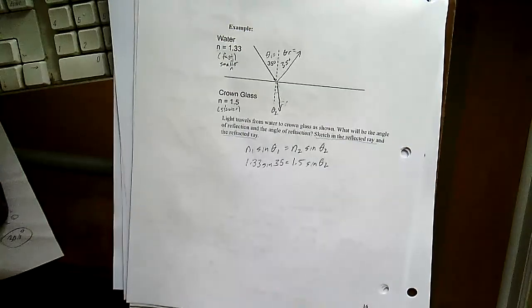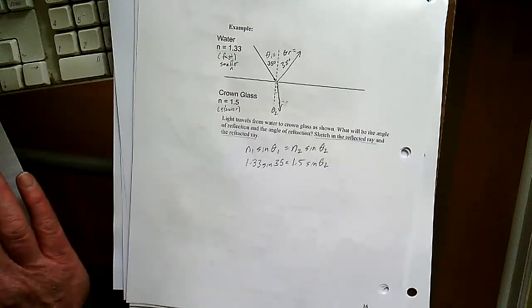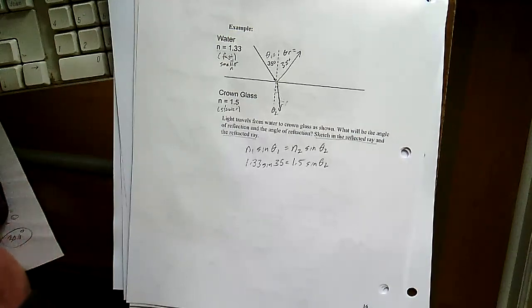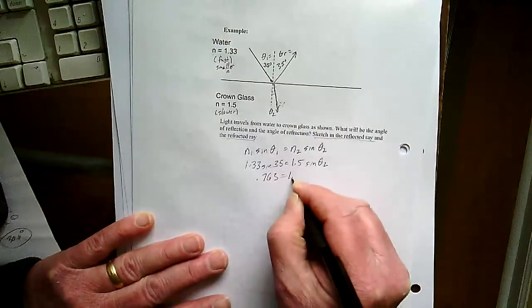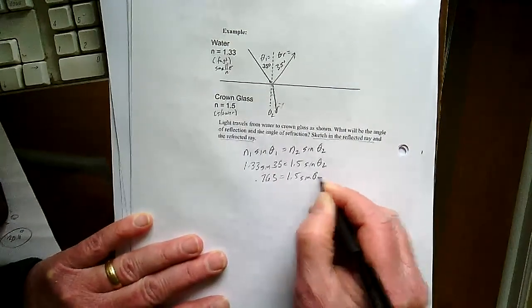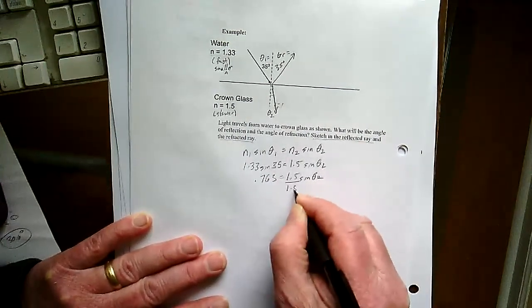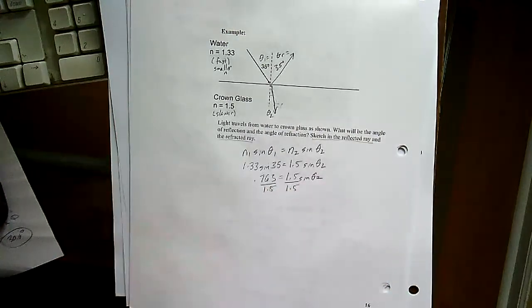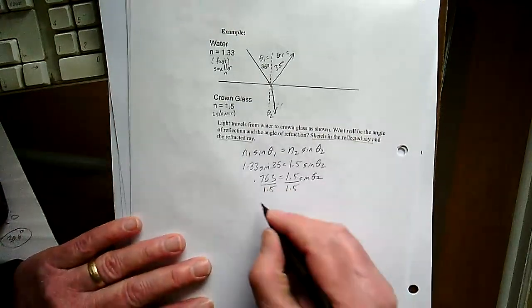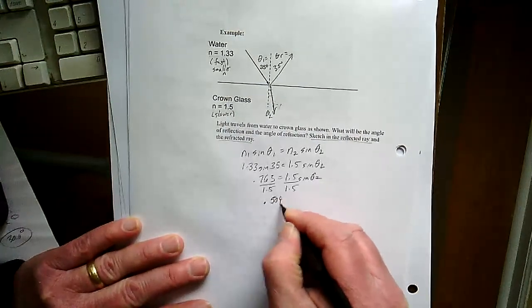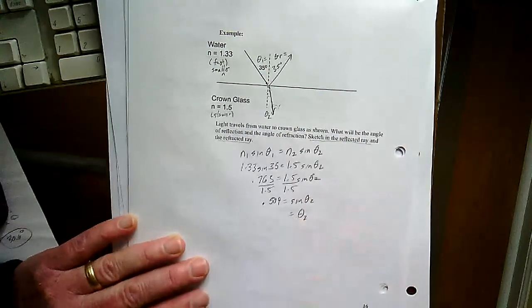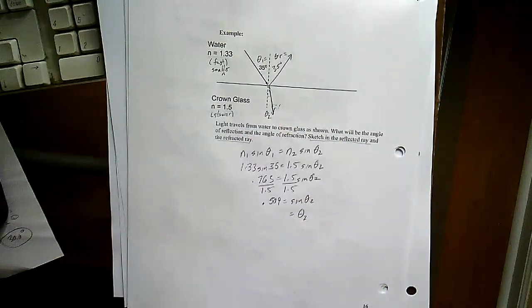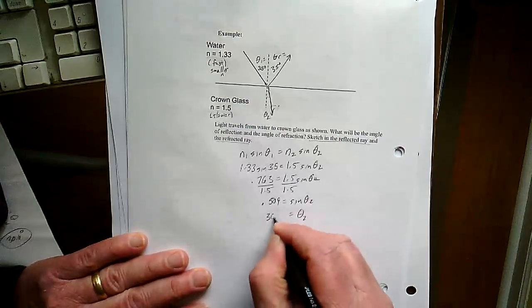So 1.33 times the sine of 35 gives me 0.763, which is 1.5 sine theta 2. Divide both sides by 1.5. And that's going to give me 0.509. Then I'll take the inverse sine, and I will get that theta 2 is equal to 30.6 degrees.